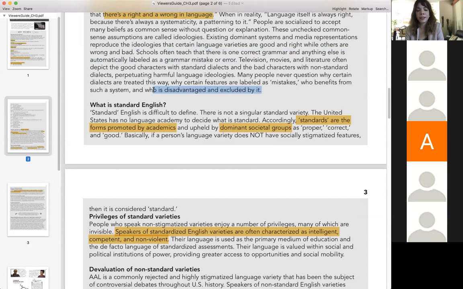But not only historically is it based on a particular group, but also currently, not many people get access to standard English or to this kind of quality education, not many people have the opportunity to become fluent in it, okay?